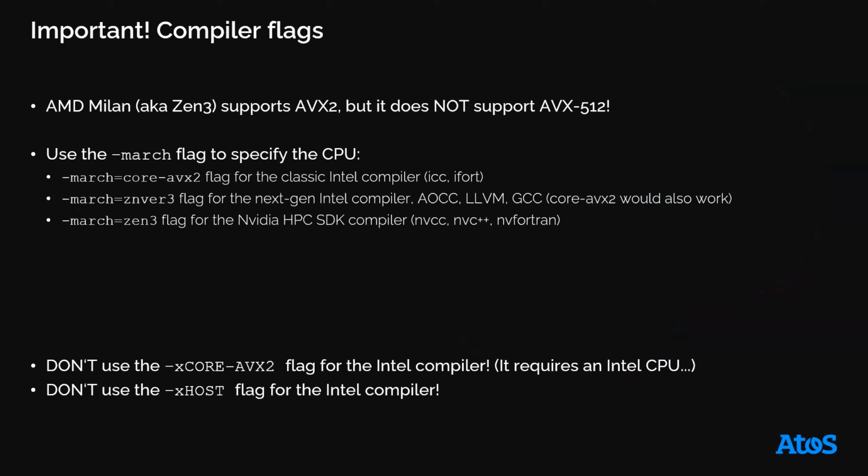This is not part of our talk. We assume that all of you have already used Mistral and know where to find your directories and how to use the module environment.